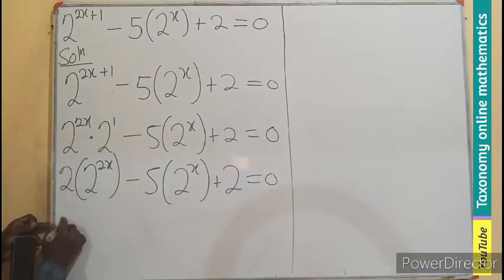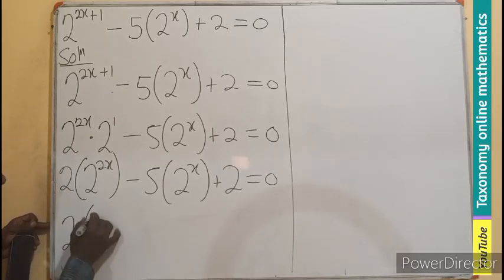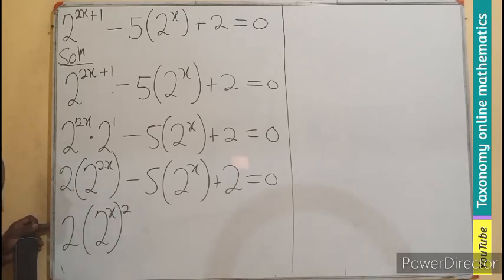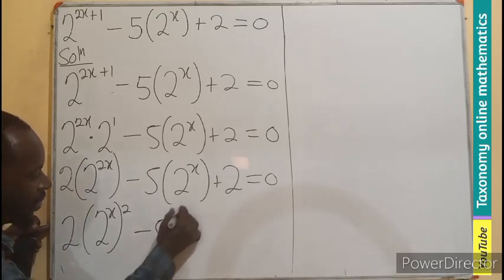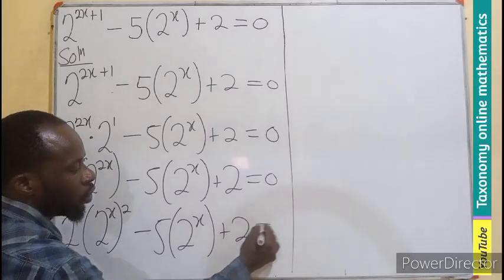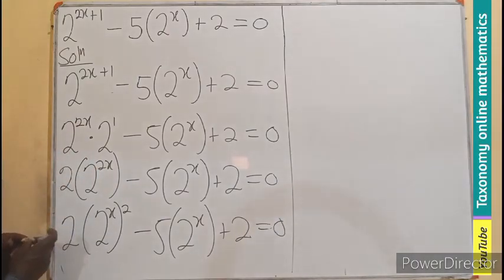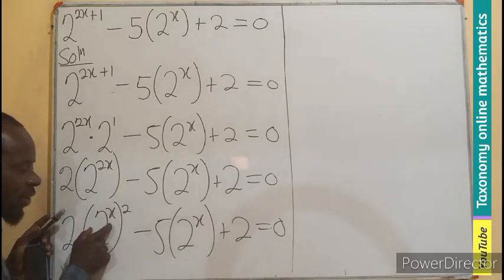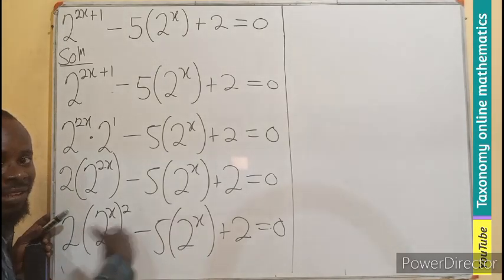So let's see, I'll be having 2 in this form times (2 exponent x) squared, which comes from the principle we just outlined. Then minus 5 times 2 exponent x, plus 2 equals 0. So you can see that in this bracket, 2 exponent x is the same.